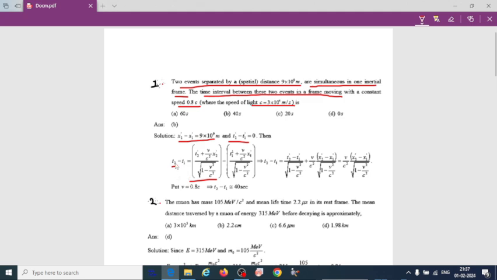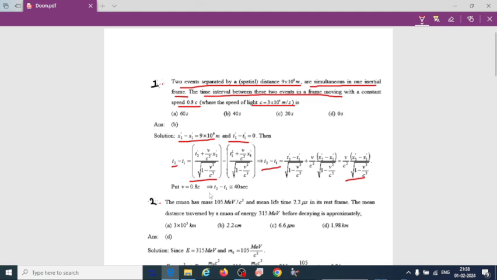Here we have taken the difference, or the interval, between two events. So if we equate t2 minus t1, finally after taking LCM we will get v divided by c square times x2 prime minus x1 prime. They have given that they are separated by a distance 9 into 10 to the power 9 meter.